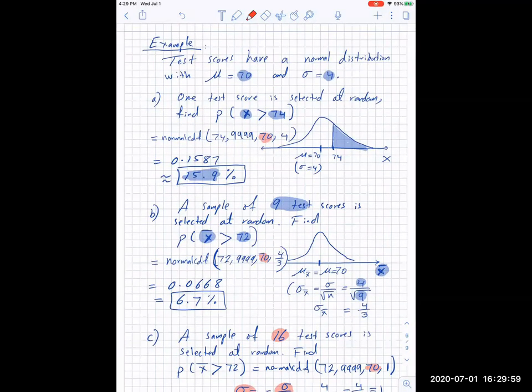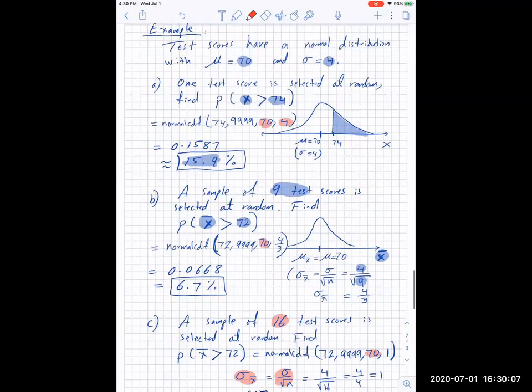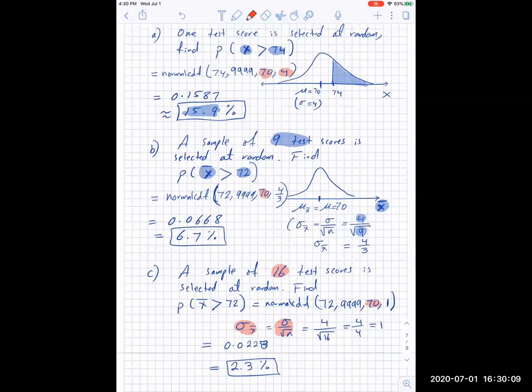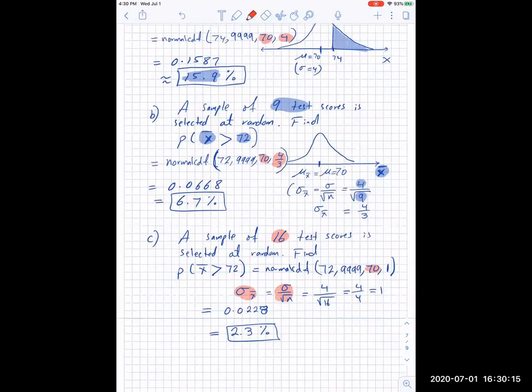But here, this is the standard deviation of test scores for single test scores, the distribution of X. This is the standard deviation for samples of 9 test scores, and this is the standard deviation for samples of 16 test scores.